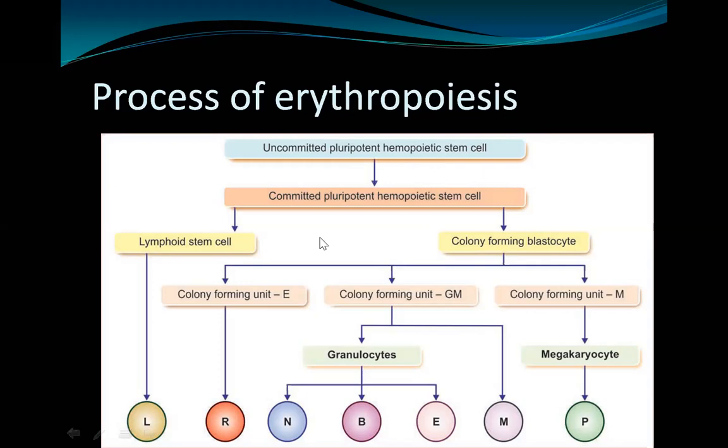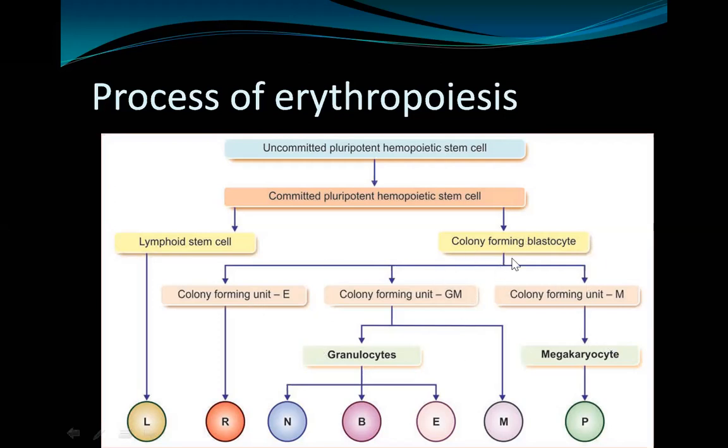From that step, it must be committed. It must decide to produce a specific type of blood cell. The one committed to produce the lymphocyte is called the lymphoid stem cell. The one committed to produce the other three is called the colony-forming blastocyte. It is committed now to forming all the colonies.